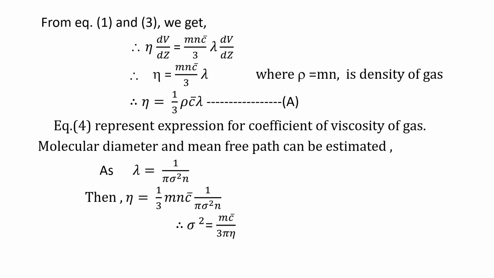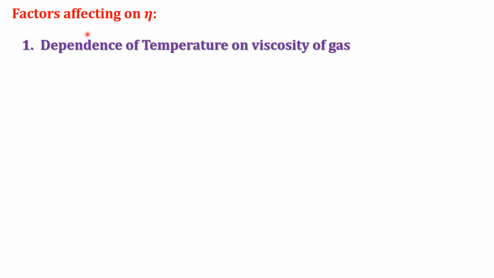Next, we explain the factors affecting the viscosity of gas. The first term we discuss here is the dependence of temperature on the viscosity of gas. The equation known to you is eta is equal to 1/3 rho c bar lambda. Here all terms except c bar are constant: rho is constant, lambda is constant, and only c bar is the variable term.